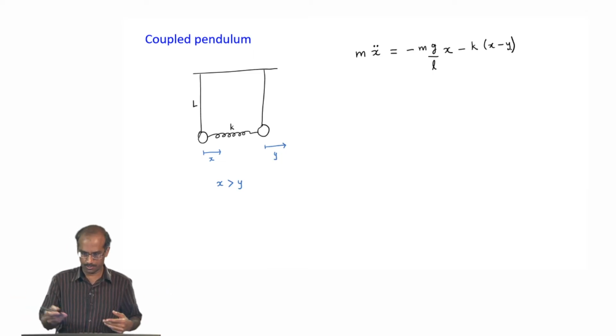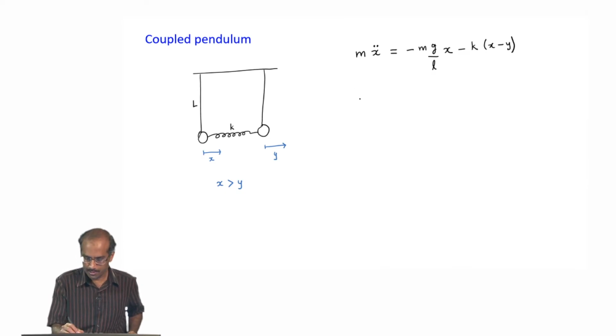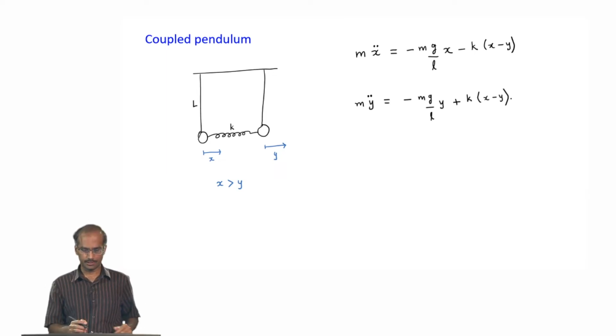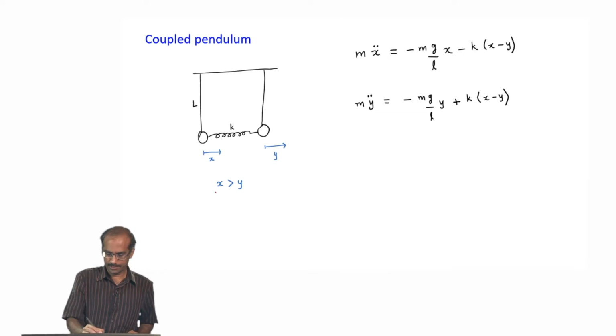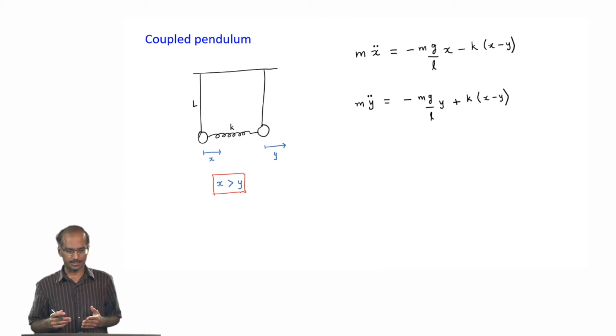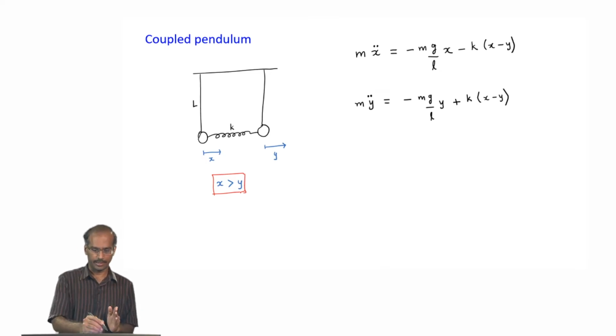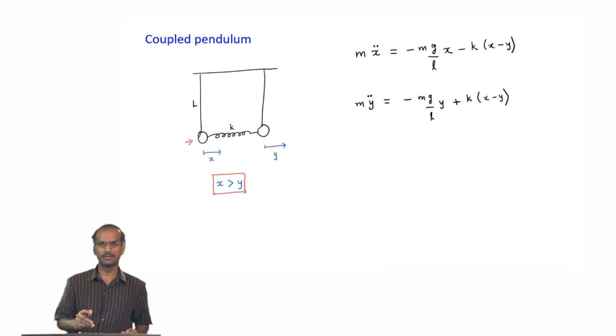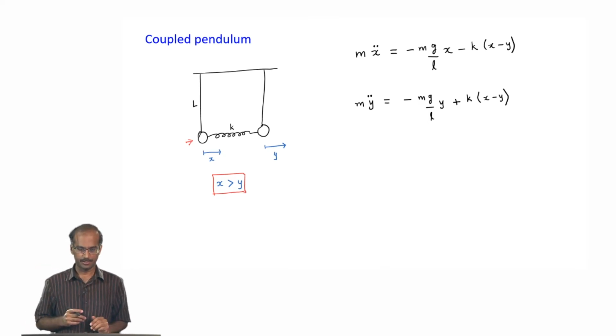Let me explain how this term comes, but before I do that, let me also write the equation for the second bob corresponding to the y pendulum: m y double dot is equal to... Now you notice that I made the assumption that x is greater than y, in which case you can imagine that your x bob is being pulled in this direction, and x is the displacement of the x bob and y is the displacement of the y bob.